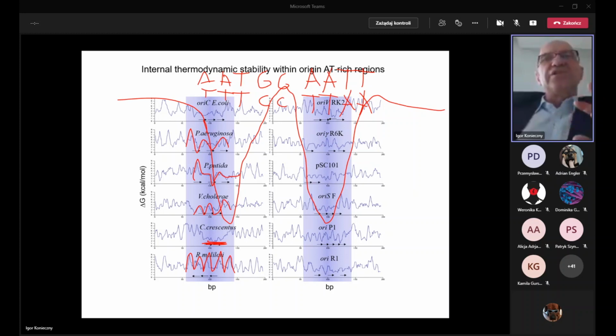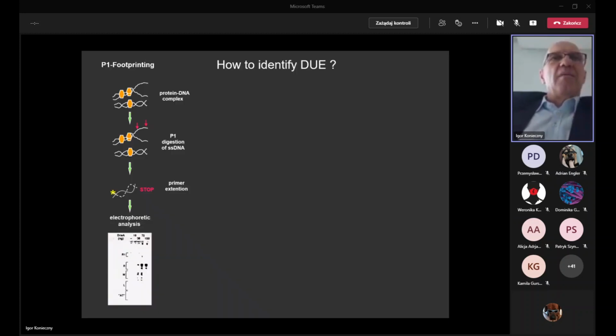So this AT richness could be identified just by sequencing the genome, but that is not necessarily the DNA unwinding element, because that is something different.